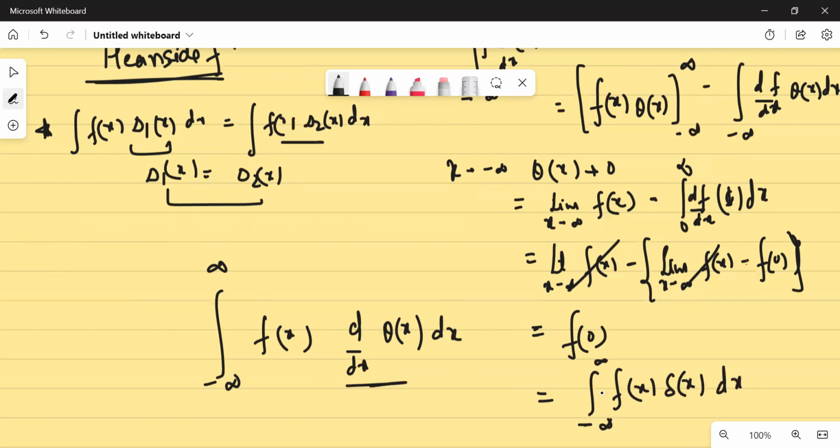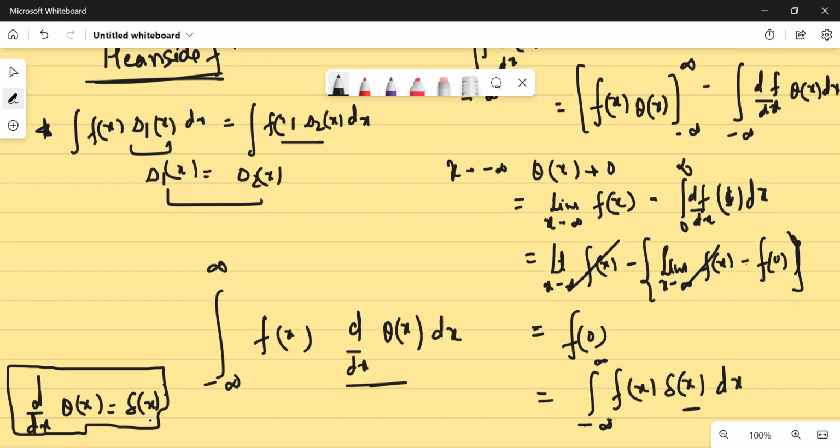Now you can equate these two terms, and clearly d by dx of theta x is equal to Dirac delta x. Is that clear? So the derivative of the unit step function is the Dirac delta of x.